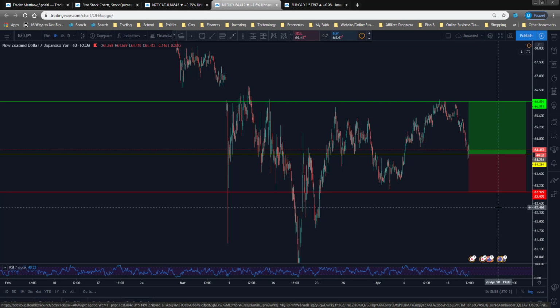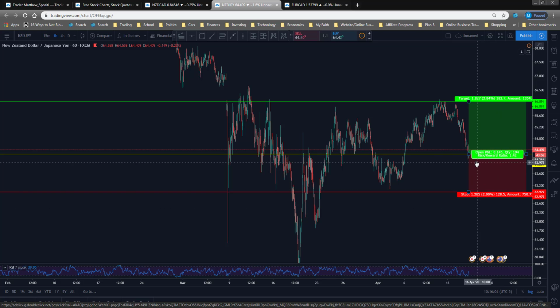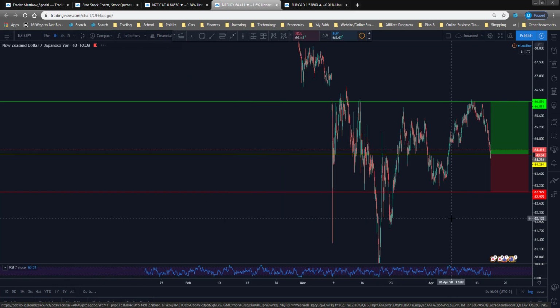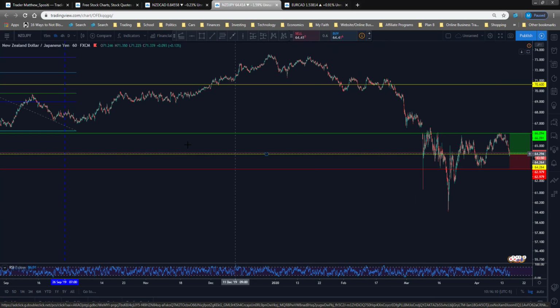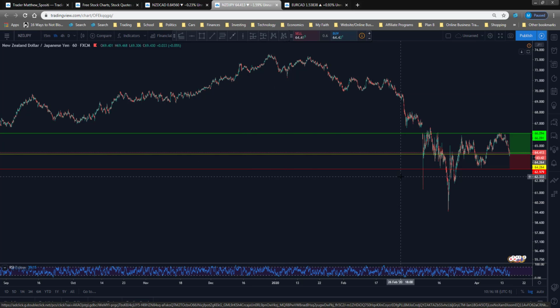So again, I'm going to say this, and I know I say this all the time, I don't really know what's going to happen here. I hope that it's going to continue to go lower. However, if you look at the overall trend, ladies and gentlemen, the overall trend is in fact bearish.